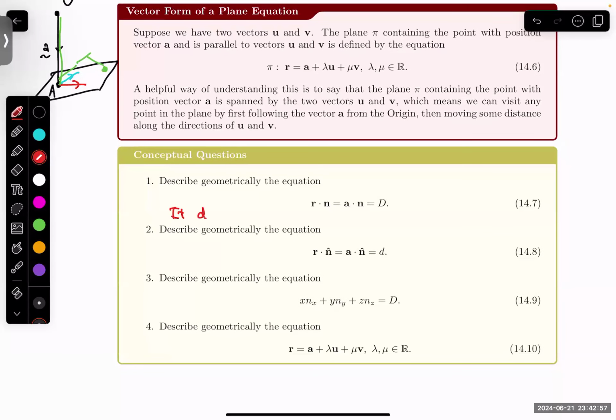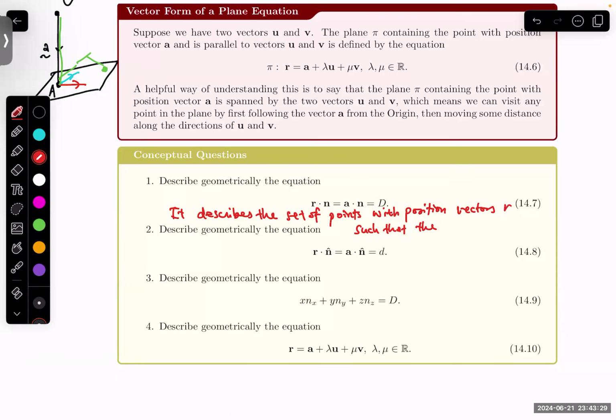Okay, it describes the set of points with position vectors, such that the position vectors are vector R, you can just name it, such that the dot product R dot n, for any point, is equal to D, the same number.